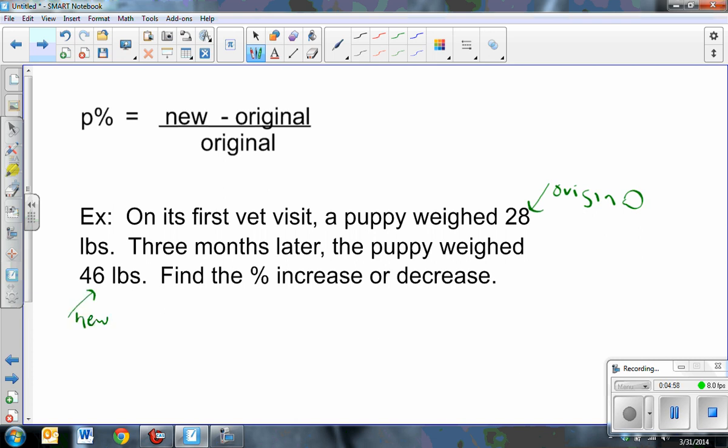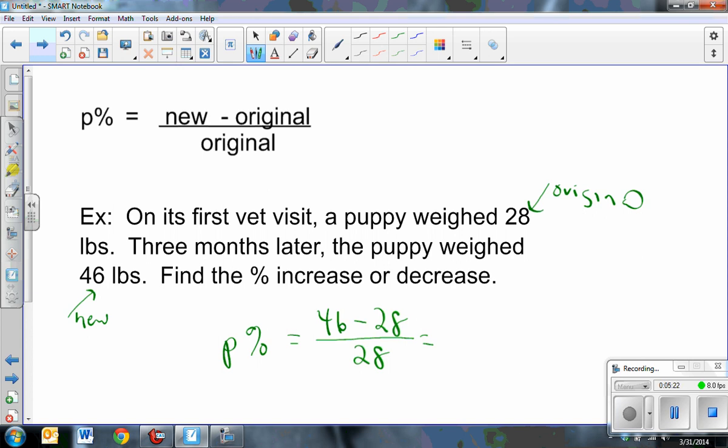Okay, so I'm going to write percent is going to be my new, which is my 46, minus my original, which is 28, divided by my original. And I know I'm going to get a positive result, which means it increased. Puppies do that. They increase their weight over time, right?